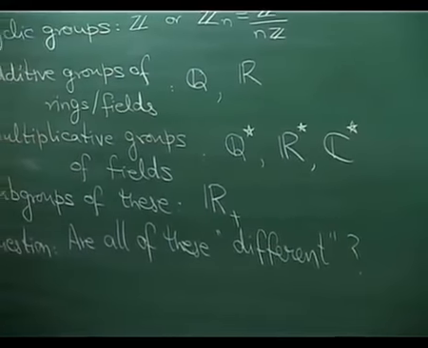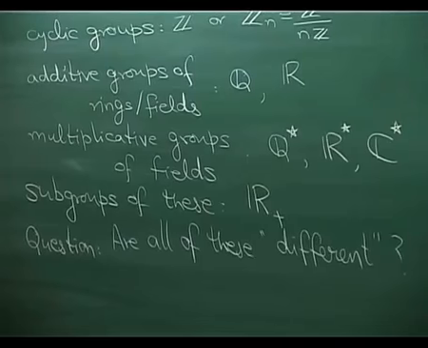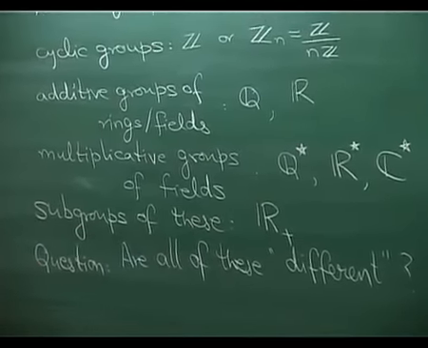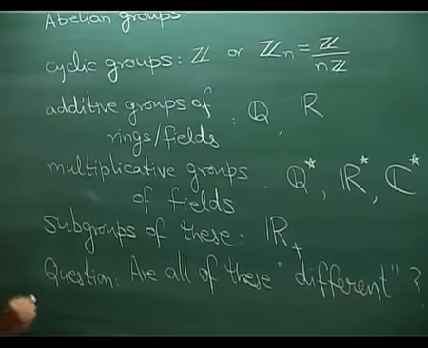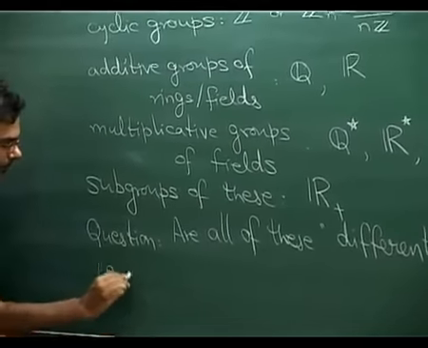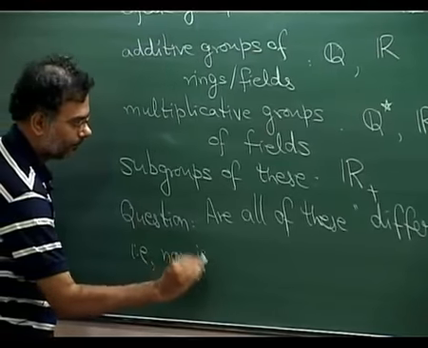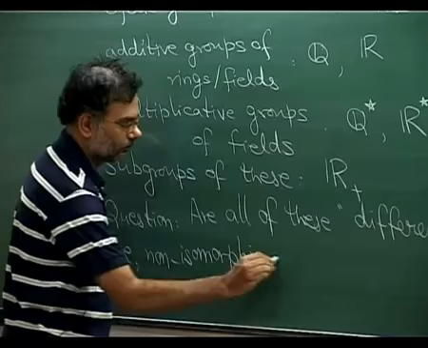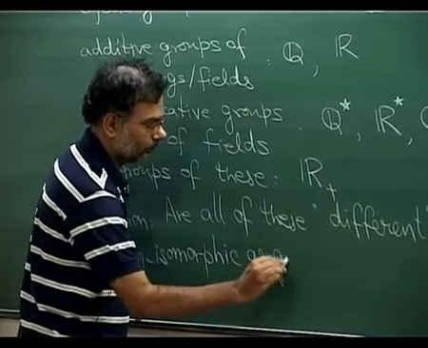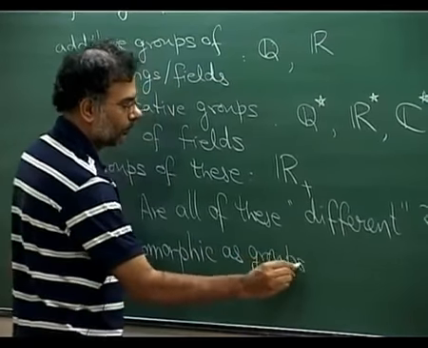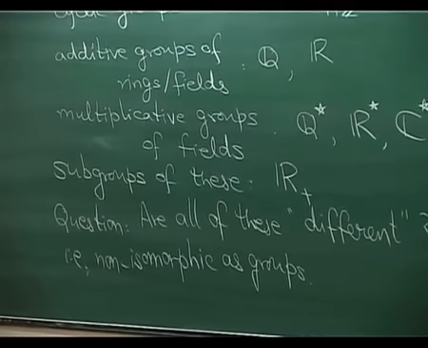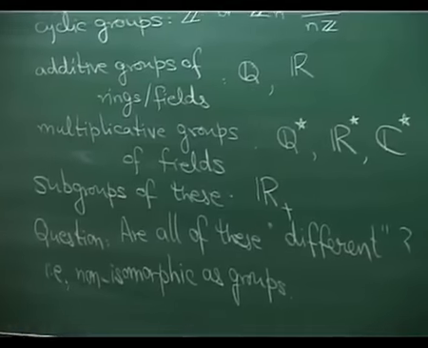Of course we have to say what different means. As sets, they are all different, but different here means non-isomorphic as groups. This is the kind of question our students should try to answer.